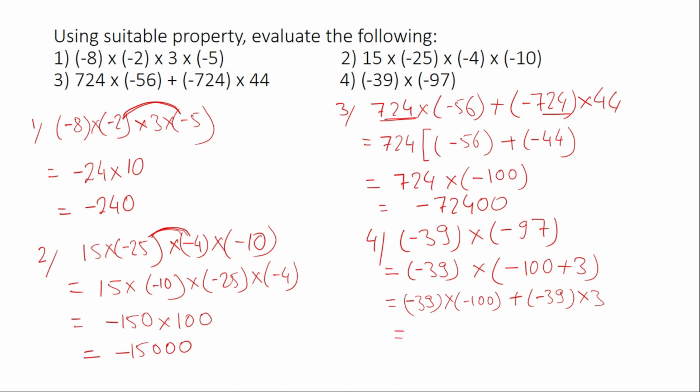After that, we know minus 39 into minus 100 is 3900 plus minus 39 into 3 is minus 117. So when you solve it, you will get 3783.